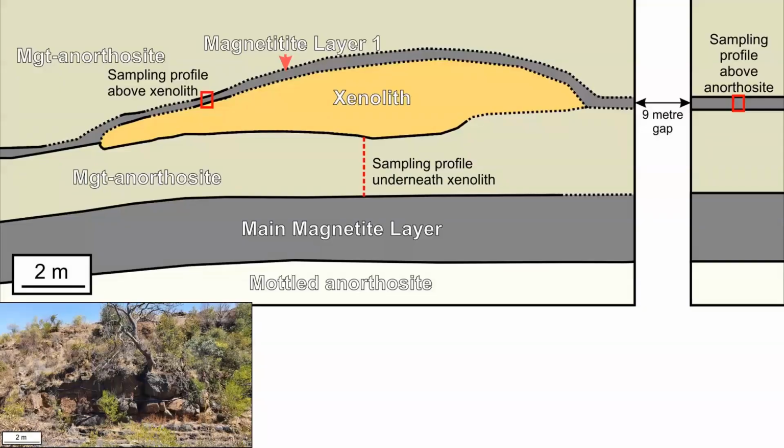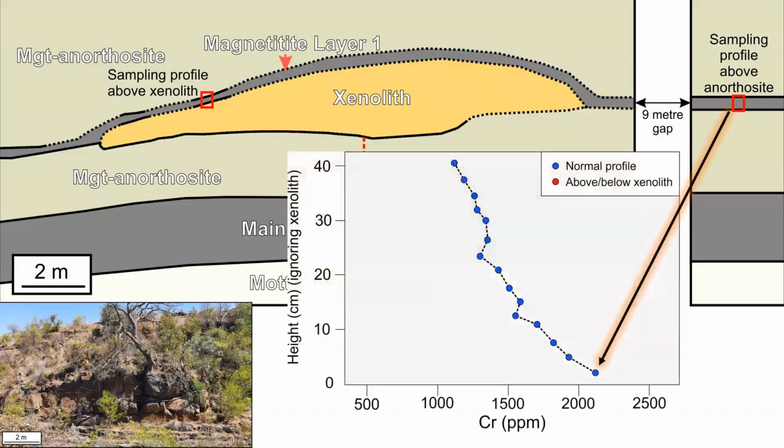So anyway, what we did is we collected samples through a profile of the magnetitite where it's sitting on top of the xenolith, and another of the same layer where it's sitting in the normal profile. And so that's the results we found over there. You still see this really nice upwards depletion in chromium. Now remember, this sample, we would expect it to be mostly shielded from reaction with chromium-rich melts.